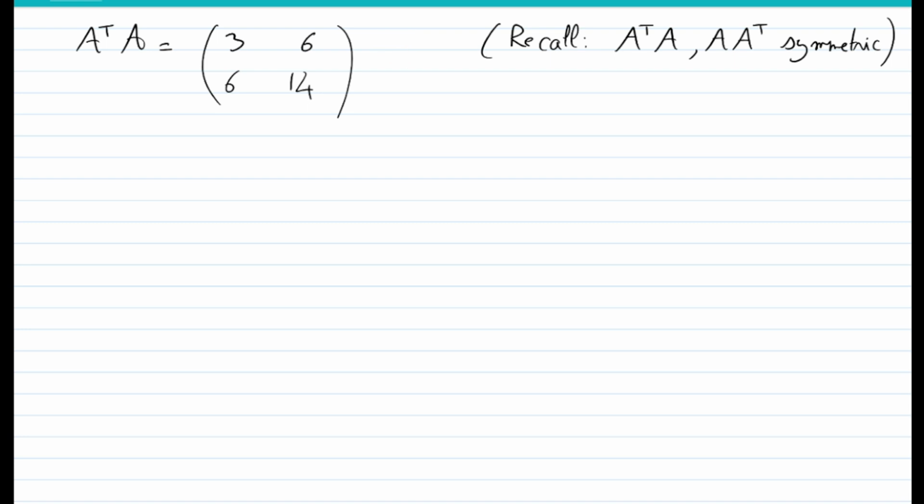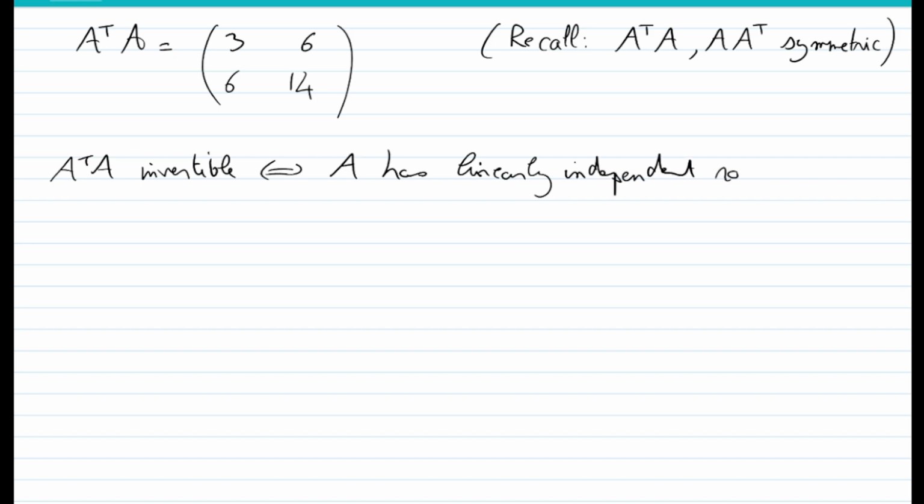I'll remind you that the theorem we saw said that A transpose A is invertible if and only if A has linearly independent columns.